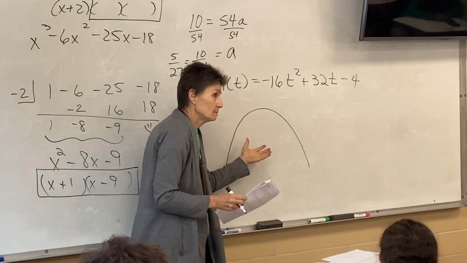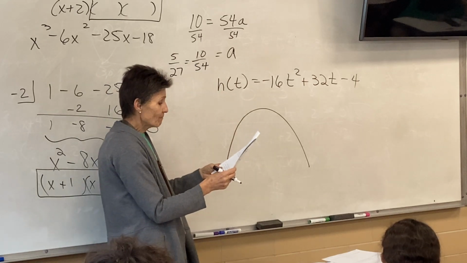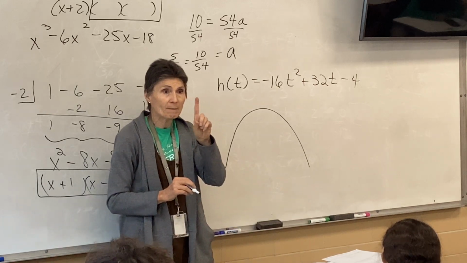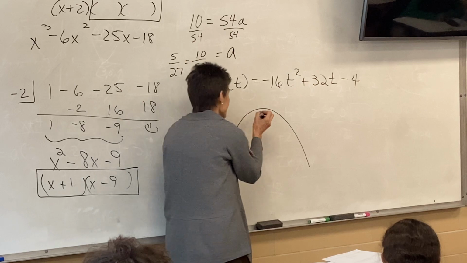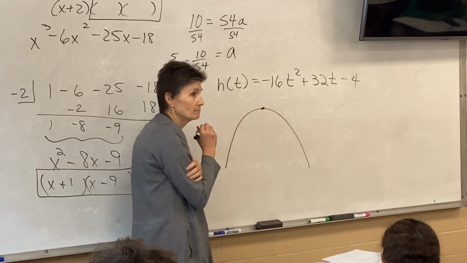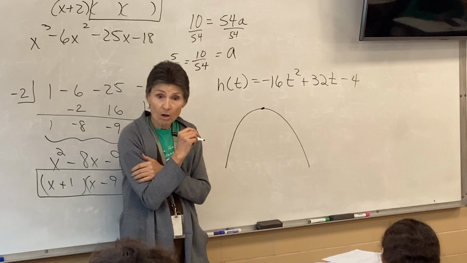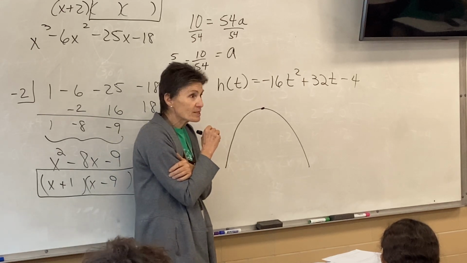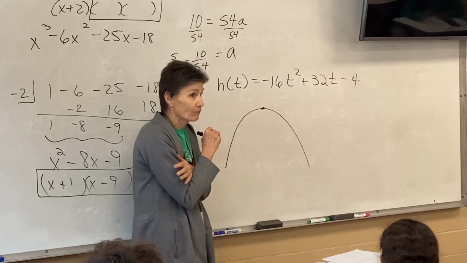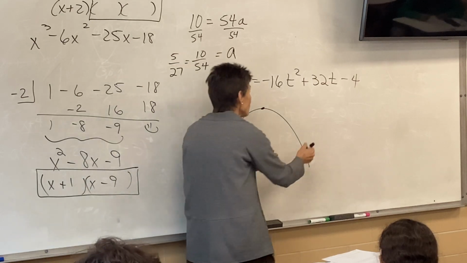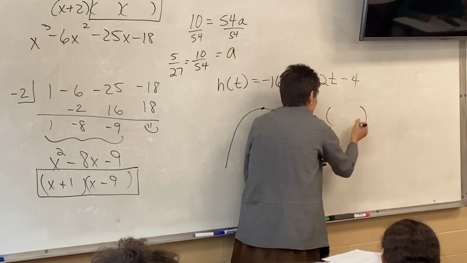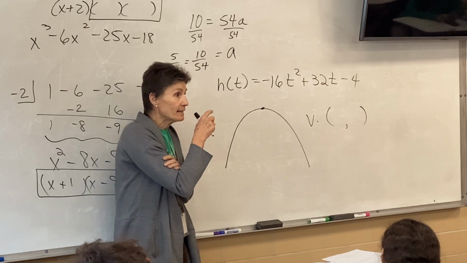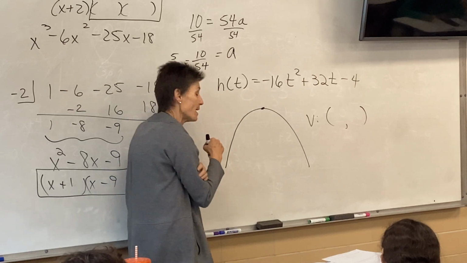It's a parabola. And the question says, find when the ball reaches its maximum height. Is this the maximum of the parabola? Maximum height? That point is also called the vertex. Aren't I just asking you to find the vertex? And how do we find the vertex of a parabola? x equals negative b over 2a.